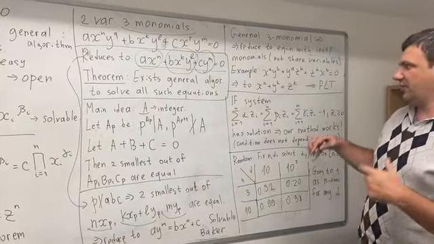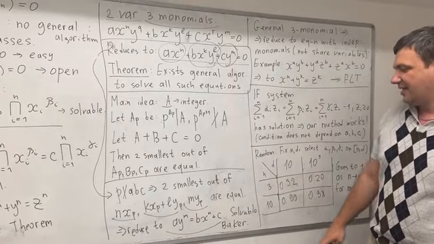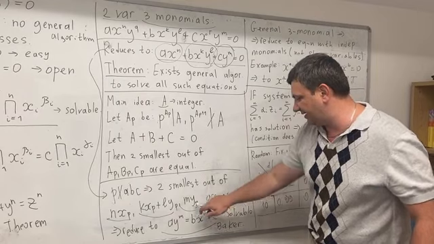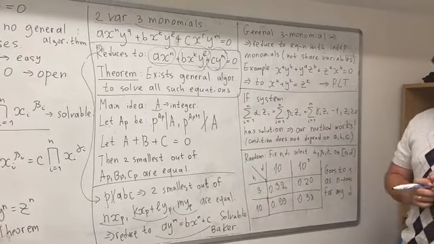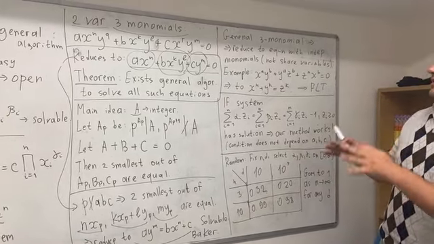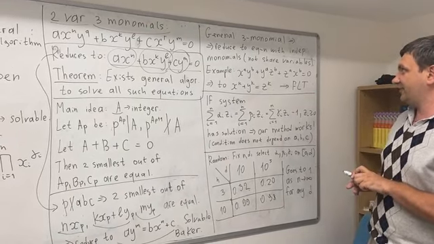This allows us to reduce the equation to an equation of the simple form a y^m equals b x^n plus c, and this type of equation is known to be solvable by Baker's theorem. This allows us to prove the general algorithm for all two-variable three-monomial equations.